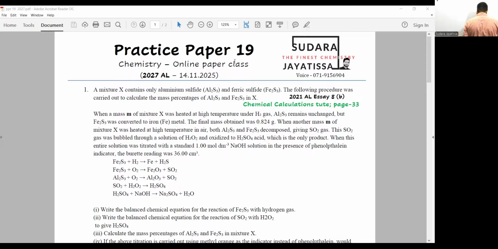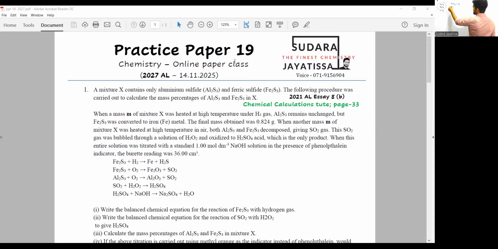So we'll make a small diagram for that one. Now our mixture contains Al2S3 and Fe2S3. First of all, we are taking m grams of mass, and then we are heating that with hydrogen.